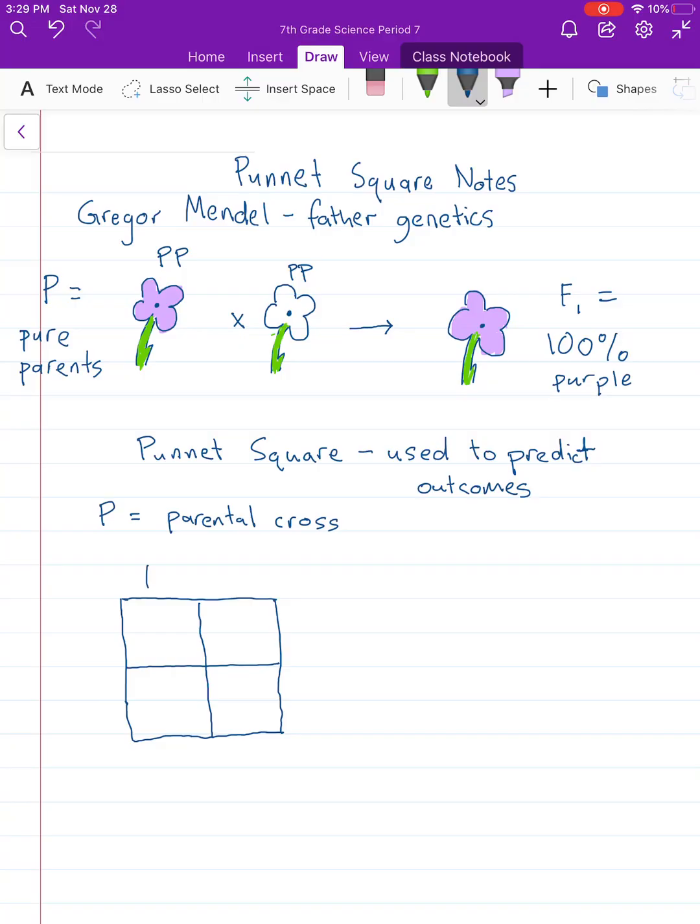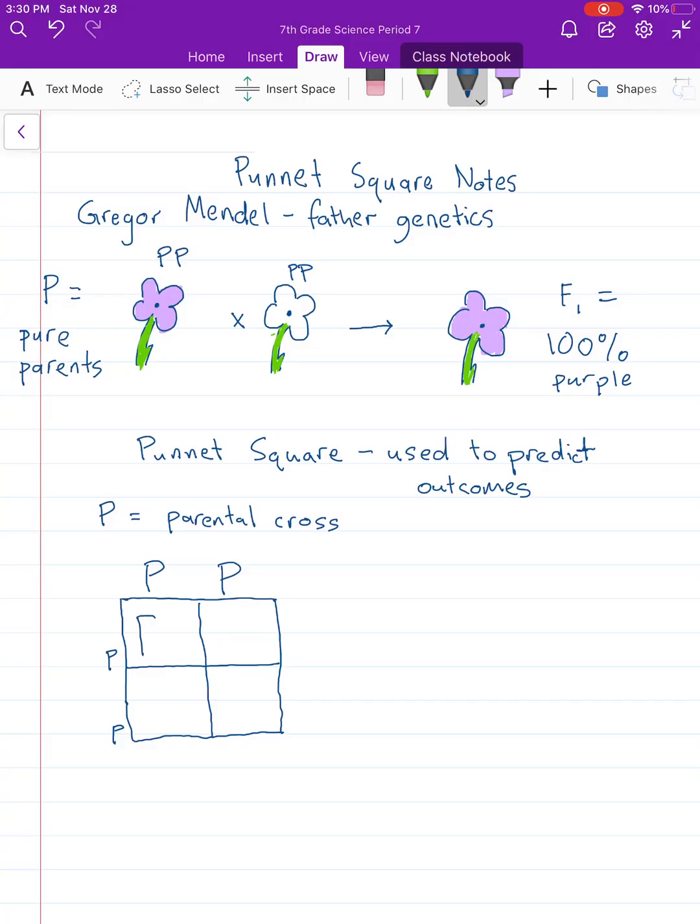So we take a parent. Big P is our purple parent. And then we have a recessive parent, little p. I'm trying to exaggerate the size of my p's so that you know that the pure parent, the purple flower, is dominant.